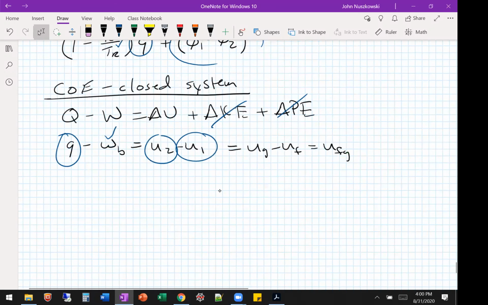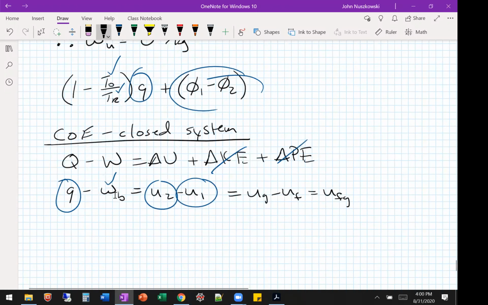Quick question. Let's say the boundary work that we got was work in, so it was negative. Would we plug in a negative value for the boundary work? In here, yes.